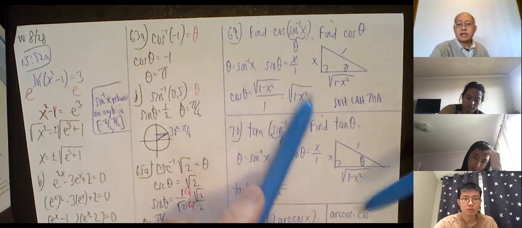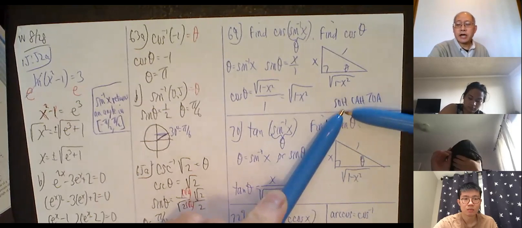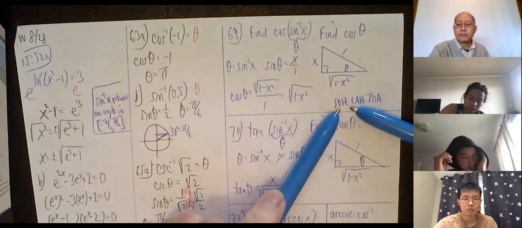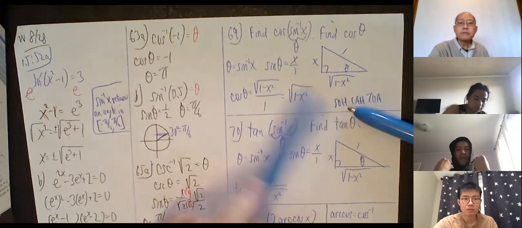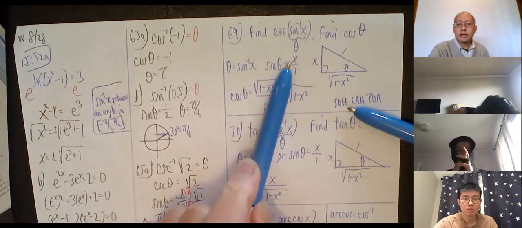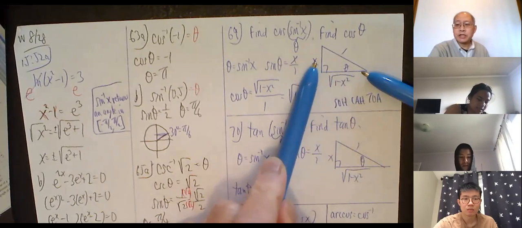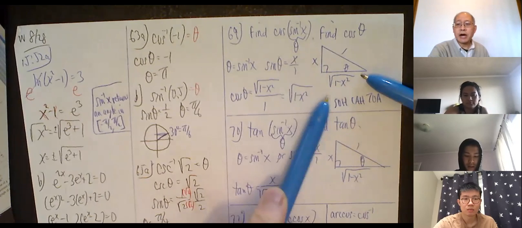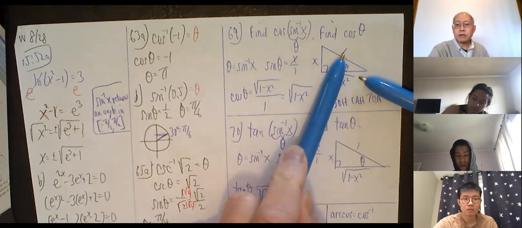Sine, S-O-H. Sine is what side divided by what side? Well, it's opposite over the hypotenuse. So x over 1, opposite over hypotenuse. So here's my theta, the opposite side is x, and the hypotenuse is 1. So I put x here, 1 here.